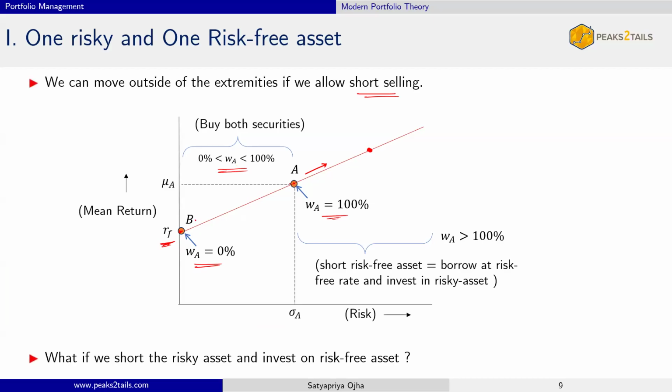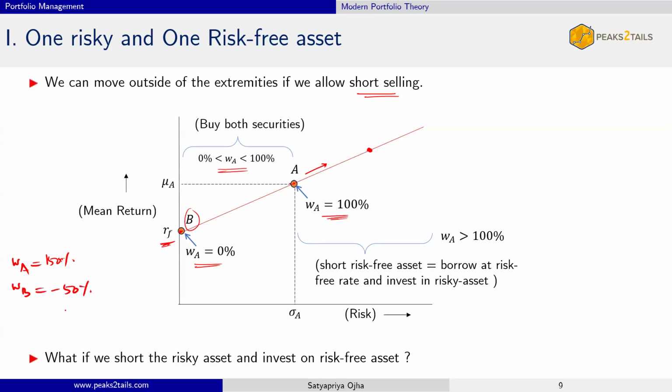If you allow the weight on B to be negative, that means a short position on asset B, then you can have WA more than 100%. So for example, WA could be 150%, and WB could be minus 50%, a short position.